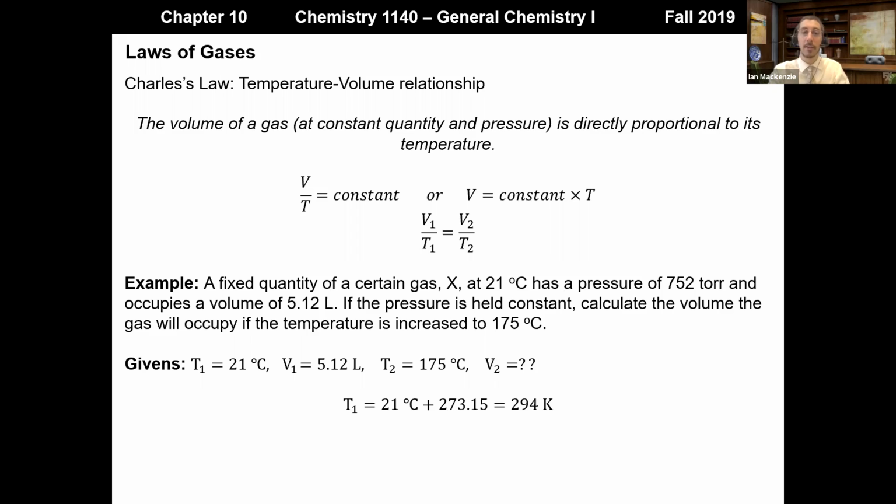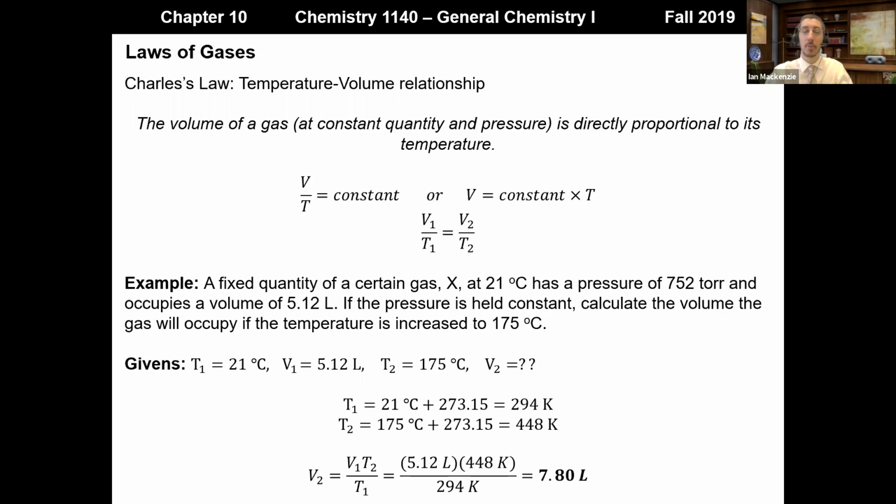And so we add 273.15 to both of these, and we come out with 294 Kelvin for T1 and 448 Kelvin for T2. Now we can substitute those into our equation, do some algebra to rearrange and solve for V2, and we come out with a volume of 7.80 liters. So our temperature increased, and so our volume increased as well.